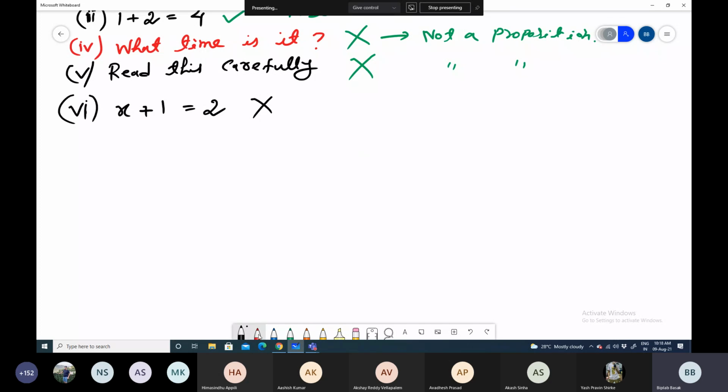Now the next definition is negation. First of all, we know what a proposition is. Now let P be a proposition.